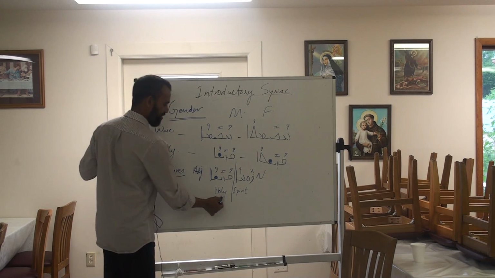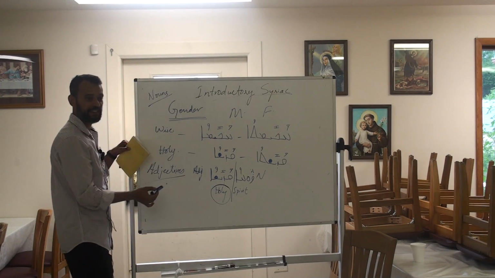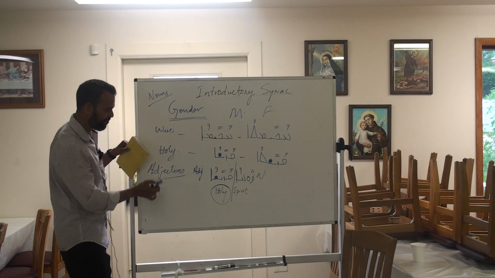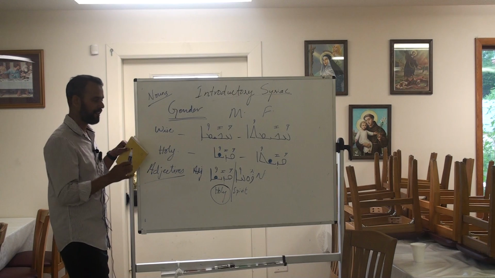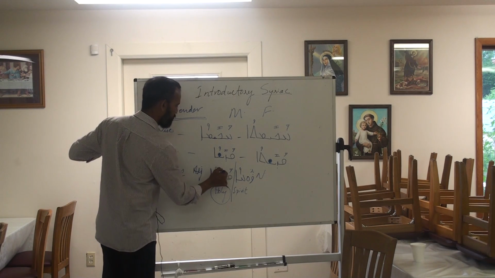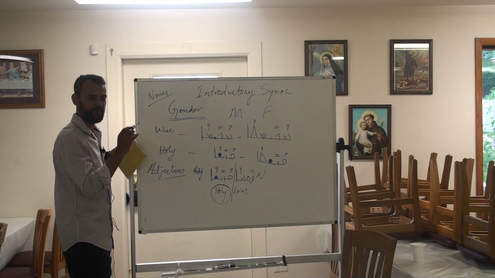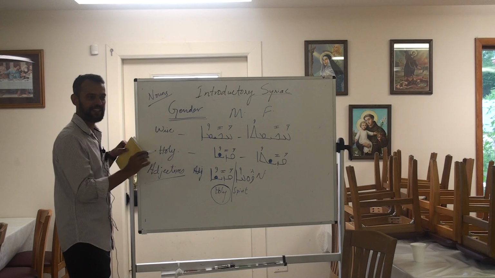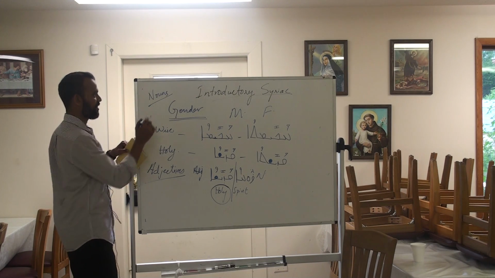In English, the adjective comes before the noun, but in Syriac as well as in all Semitic languages, the adjective follows the noun, and it should be in perfect accordance with the noun in gender, number and person.